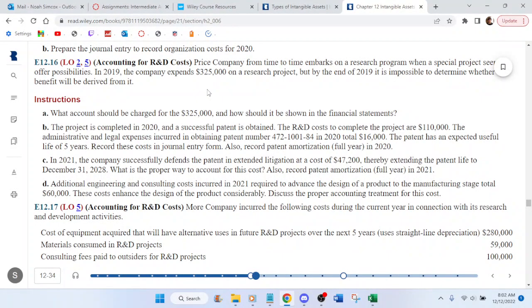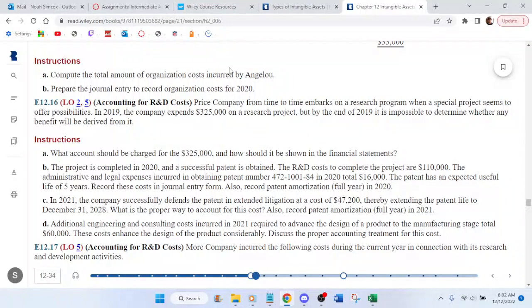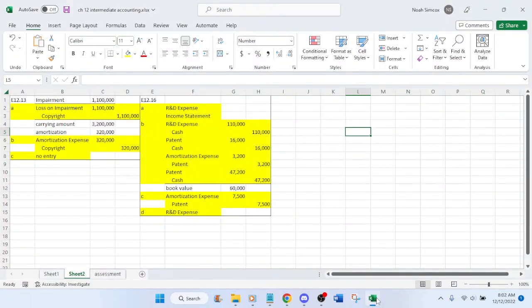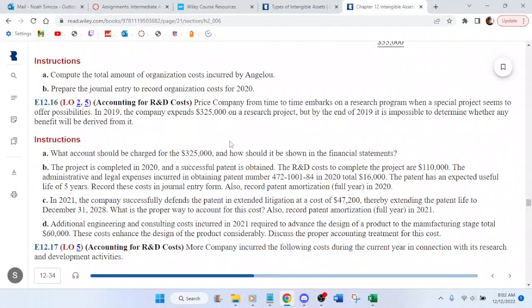Okay, research. We have 325,000 on a research project. It'll be R&D expense shown in the income statements or in a note. B, completed the project. We have obtained a patent. We have R&D costs to complete the project. So 16,000 is going to be the patent.